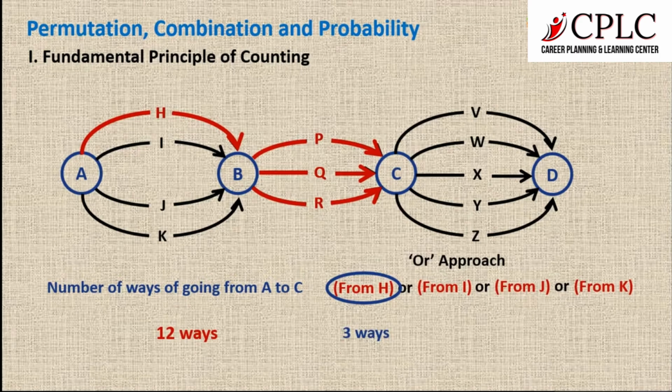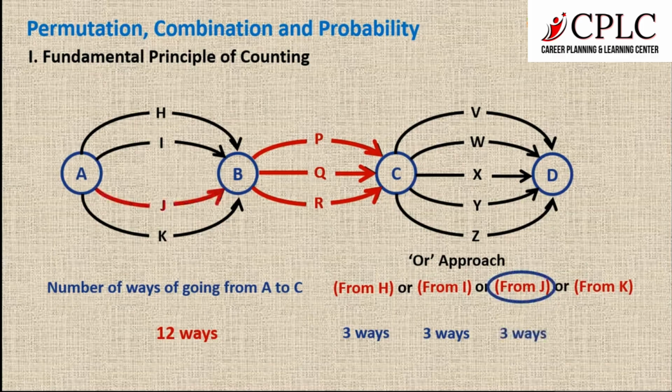Similarly for road I between A and B, again you are just going to use that one road because they have specified that way. So A to B is just one possibility, and B to C, all three are open again. So again from I going from A to C, you have three possibilities. Similarly, I hope you understand that for J also there will be three more possibilities, and for K as well there will be three more. And because in between there is an OR, you are going to add everything, and when you add everything, you get 3 plus 3 plus 3 plus 3, the same answer that we got earlier, which is 12.